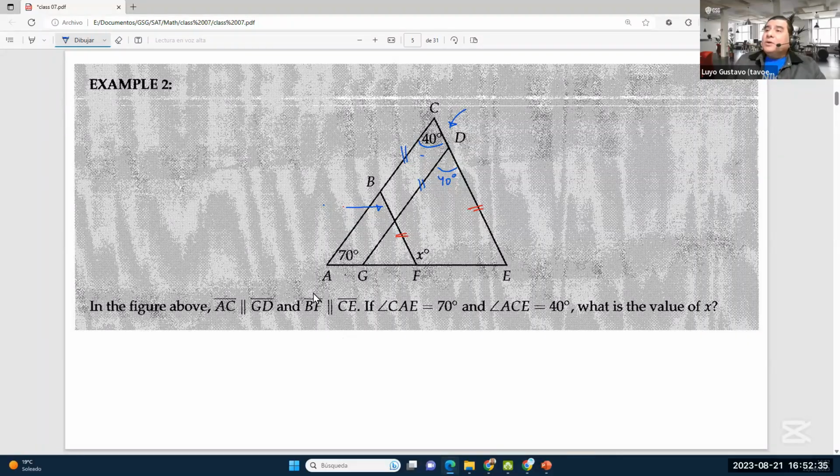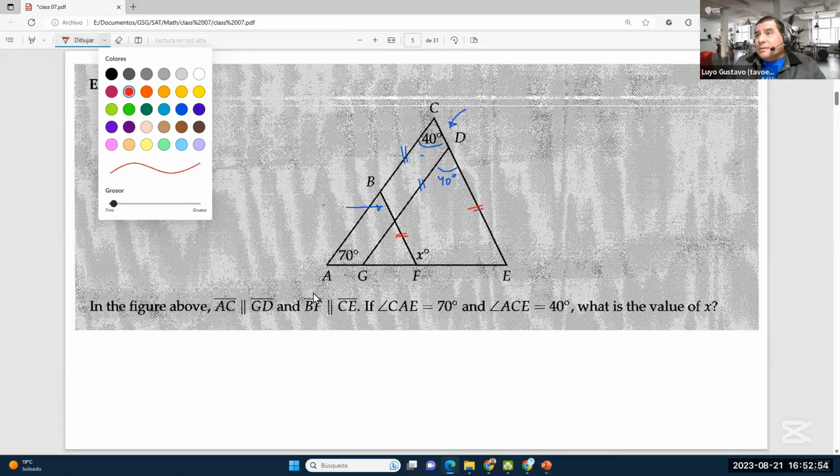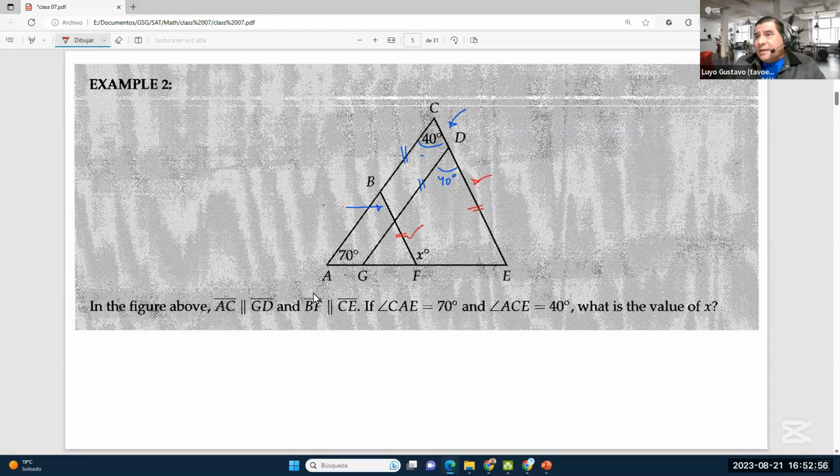Okay, but now consider what happens in the two line segments signaled in red. DE and BF, or CE and BF. We can consider that these two, this and this, are intersected at the same time, since they are parallel, by the segment DG. They are intersected by DG.